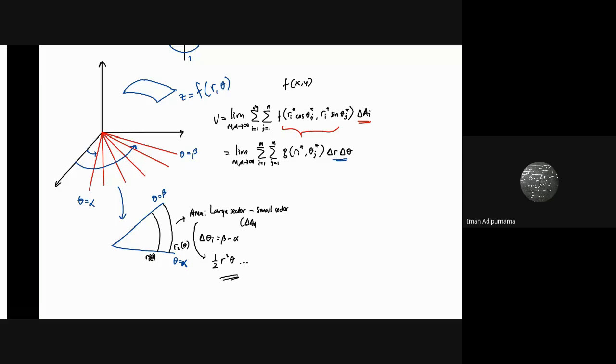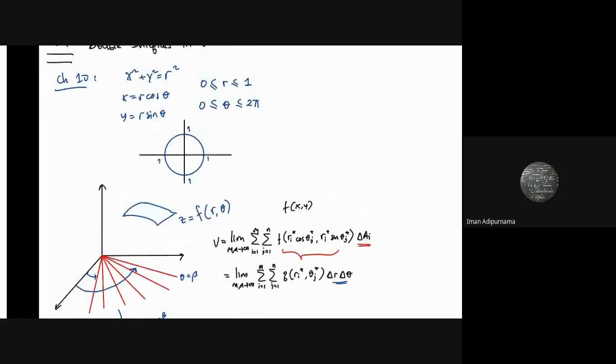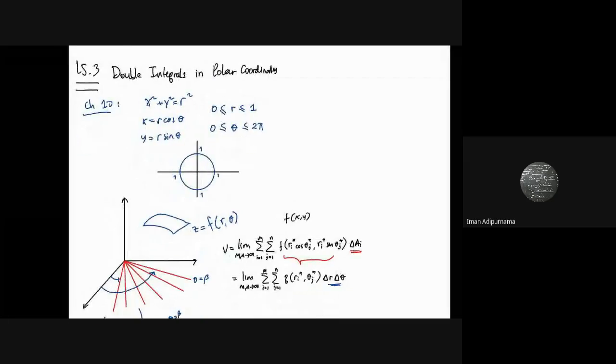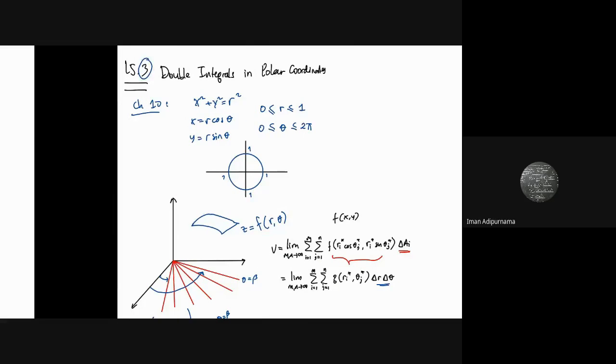So actually, for the multiple integrals, you know what? This is 15.3, right? We still have until 15.9. So I will skip some parts in the middle. Maybe 2 sections I will skip that are not really essential for you.